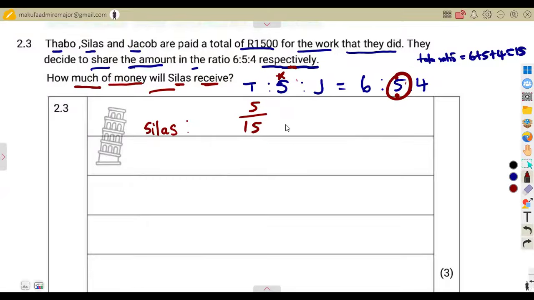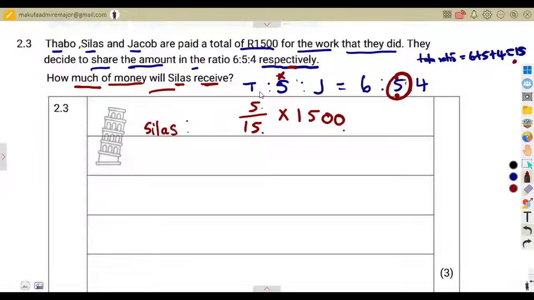Then you multiply by the amount that they are sharing. They are sharing what? 1,500. His share over the total ratio times the total amount. You have the amount for anyone that you want. So if it is Jacob, you take the ratio for Jacob, which is 4 over 15, the total ratio, times the amount.